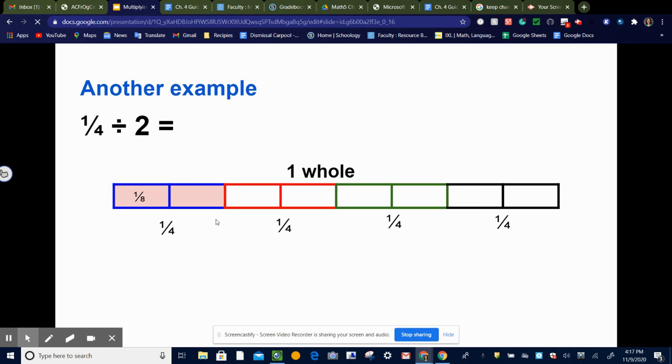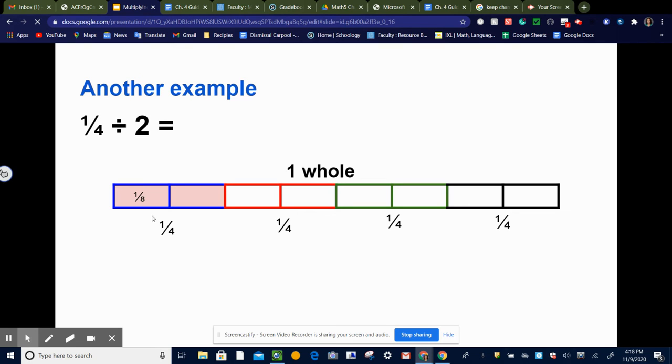So to help you visualize it, I've shaded 1/4, and we're going to divide that into 2 equal parts. So I've done that for each of these fourths. So one of those parts is one of these little squares right here.